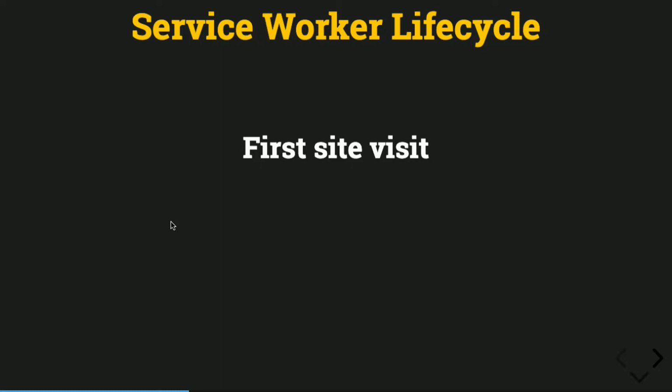There's a lifecycle when setting up a service worker on a site, which starts when you first go to the site. You download the service worker into the browser. It installs, and it activates for the page.